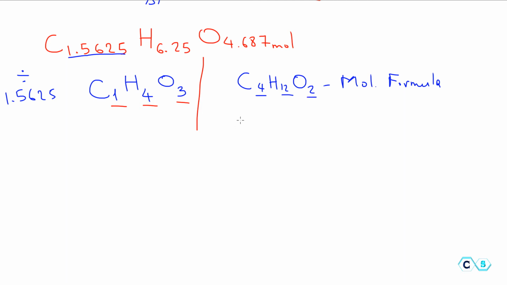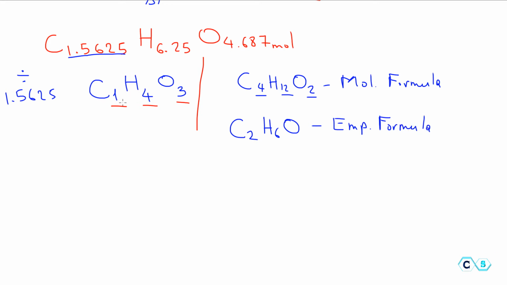So we need to express the formula in the smallest possible whole numbers. And the way to do it here is that we're going to divide everything by 2, because if I divide by 2, oxygen will be 1 mole. So carbon 2, H6, and O, this now will be the empirical formula.